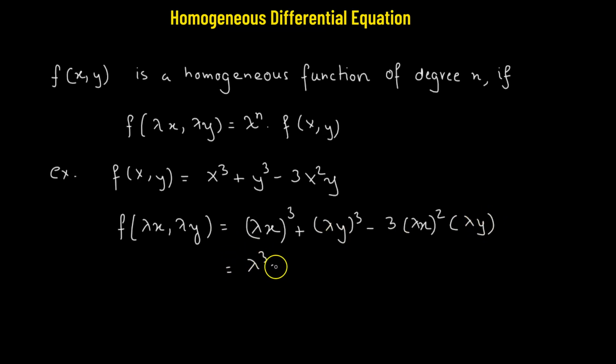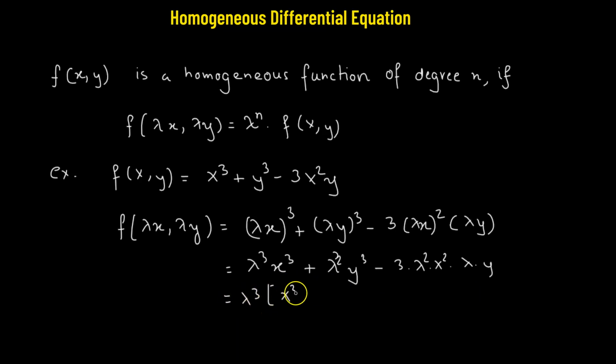So we have lambda cubed times x cubed plus lambda cubed times y cubed minus 3 times lambda squared times x squared times lambda times y. Now in each of the three terms we have lambda cubed as the common factor.